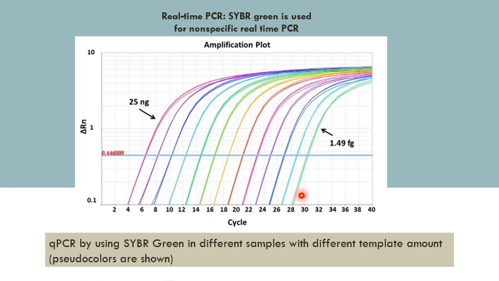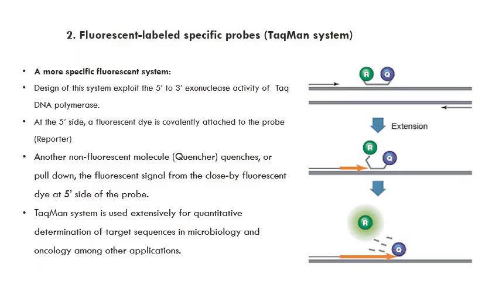Once you go further, you will increase the cycle. It means that you have less amount of target DNA compared to the signals you got from the beginning of the cycles. Once you go further in cycles, it means you need more cycles to detect your DNA because it is not present in a high amount. So here you will have a lesser amount of DNA template.